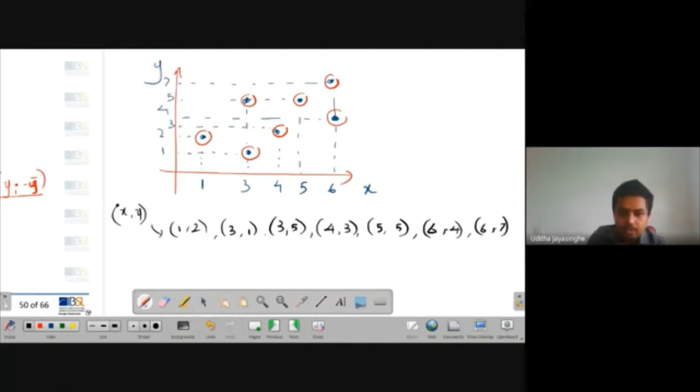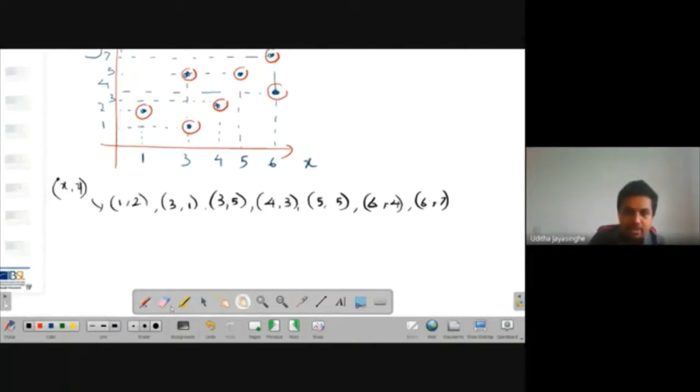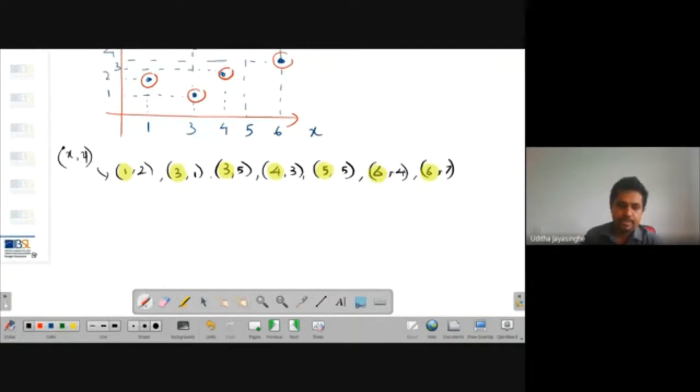Okay. Now, if I isolate these x values, 1, 3, 3, 4, 5, 6 and 6, forgetting the fact that I'm looking at a two variable instance, this is the x set.